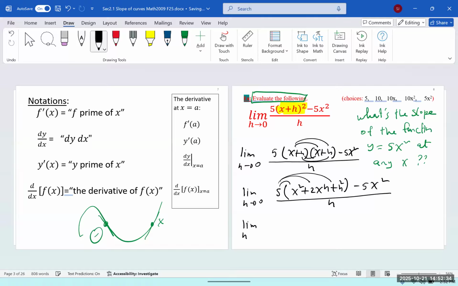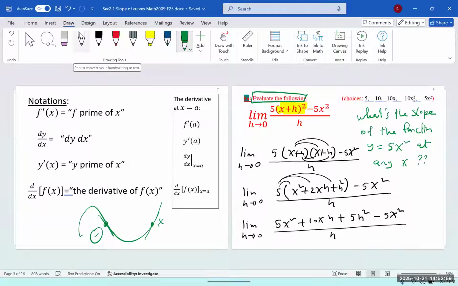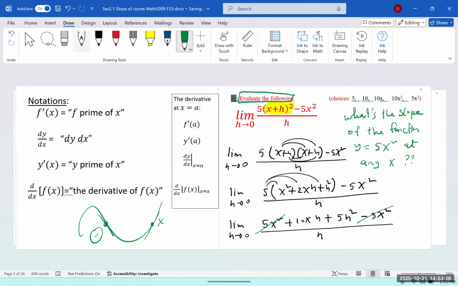So you get limit h goes to 0 of 5x squared plus 10xh plus 5h squared minus 5x squared over h. What do you notice? Do you see anything here? Can you cancel anything here? 5x squared. Anything else? No.